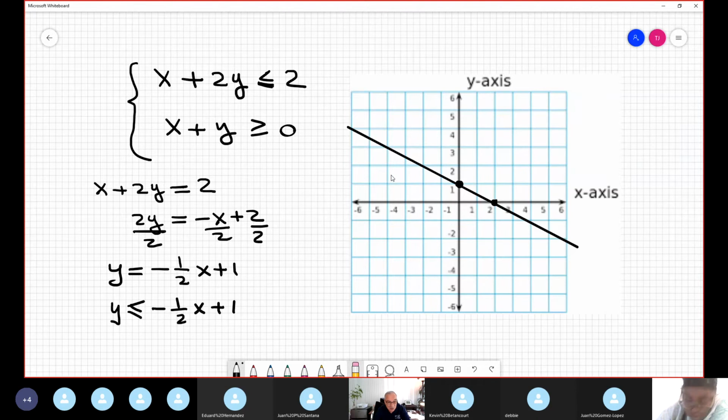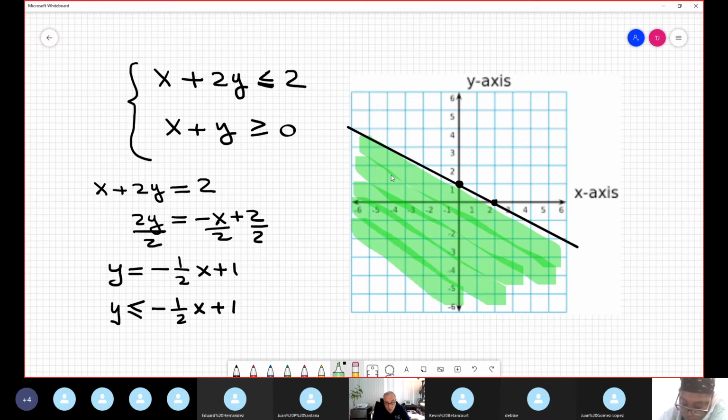So now the shaded part is below this line. Below. Okay, I did that part.